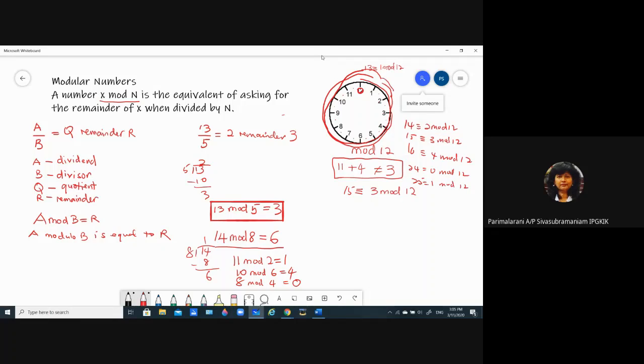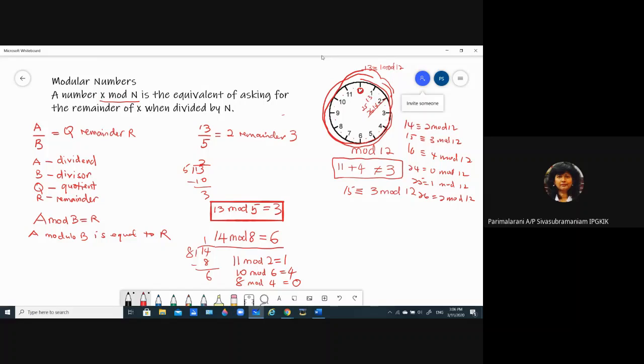And then 26 is 2 mod 12. That is why 1, 13, 25, they are all at the same place in time. 2, 14, 26, these are all in the same place in time.